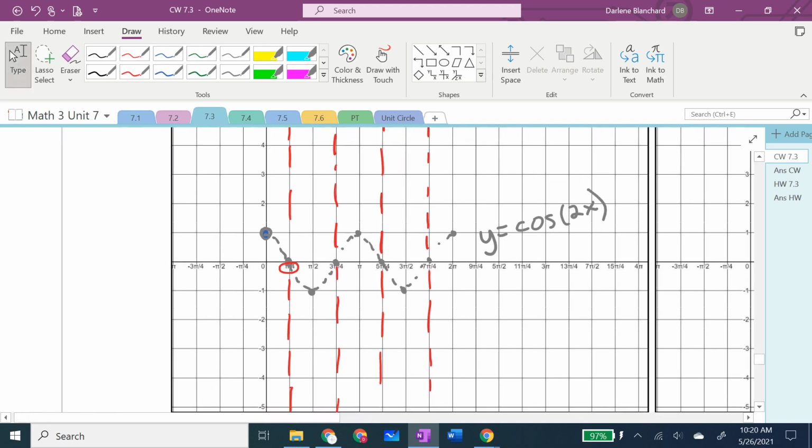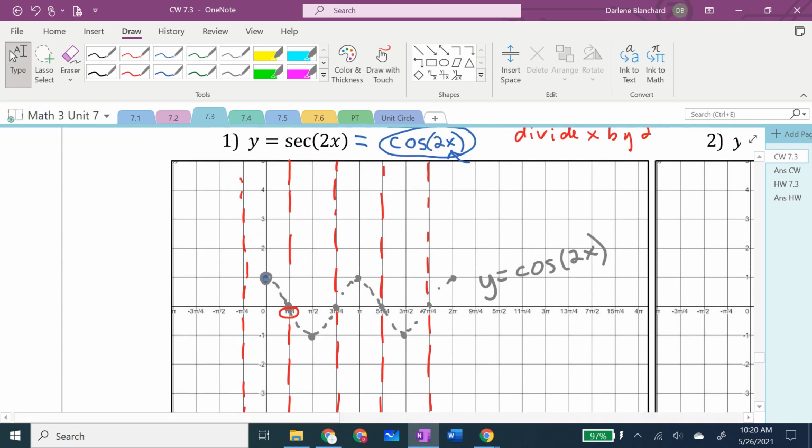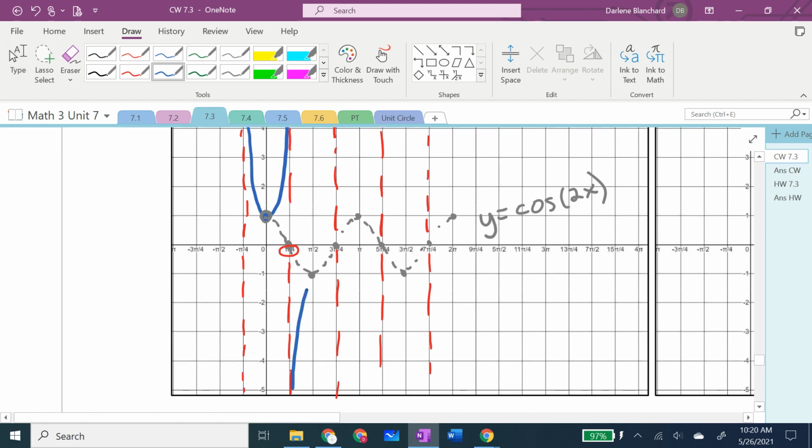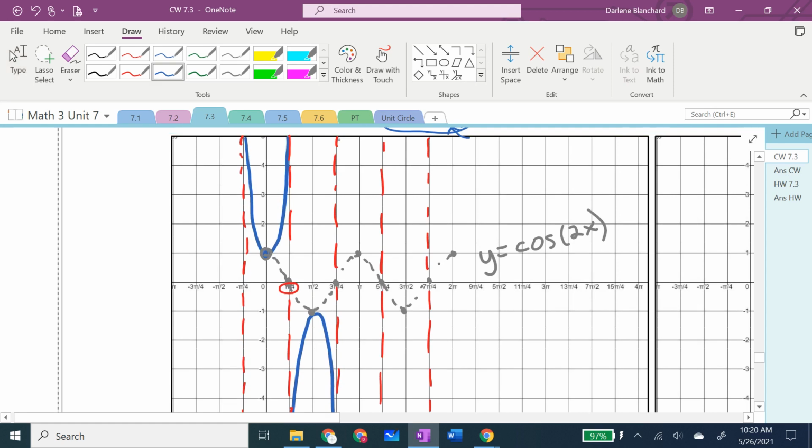I'm going to bring this over here because these graphs are a lot nicer between asymptotes than cut off. And now I'm going to officially graph the secant. It shares that highest point, shares that lowest point, and it's just going to keep going back and forth.